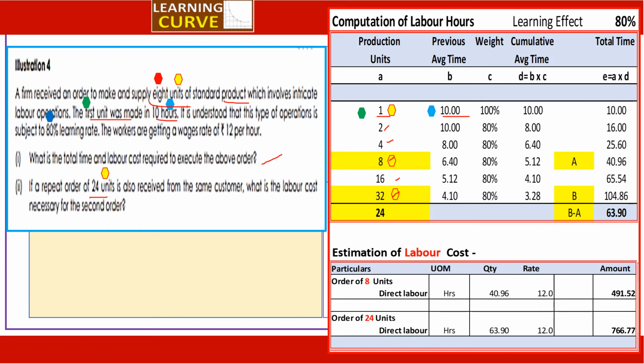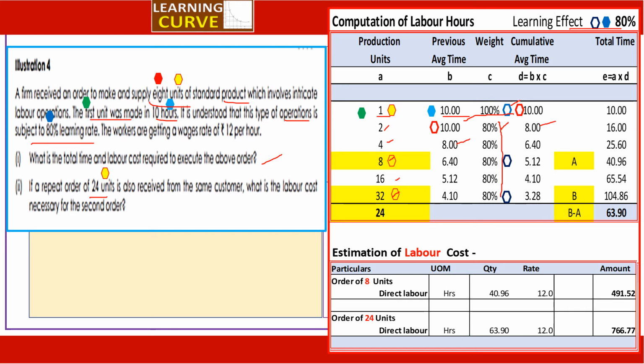It is understood that this type of operation is subject to 80% learning curve. Our learning curve effect is 80%. Now, the first unit will be at 100%, and subsequent ones will all be at 80%. This is how we post these 80% requirements. For the second unit, 10 into 80%, 8 hours.